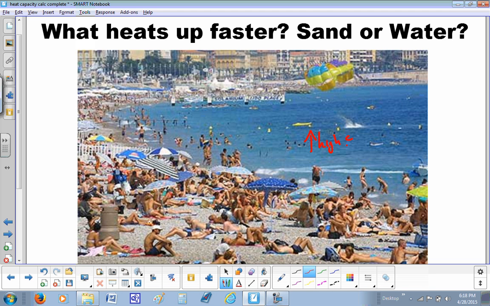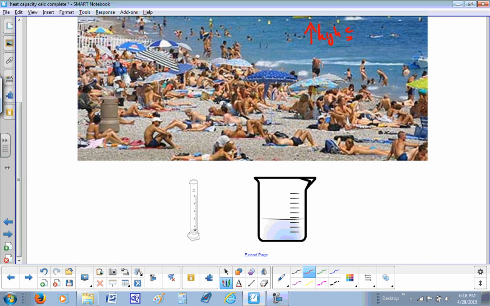So it takes a lot of energy to heat up the water. So even though the sun is giving the same amount of energy to the water and to the sand, the water's temperature barely changes versus the sand, which changes significantly. Again, the sand would be analogous to the smaller container. The water would be this larger container, so it takes a lot more energy to heat up the water here.